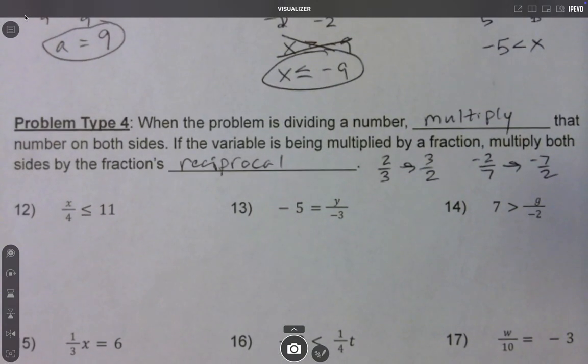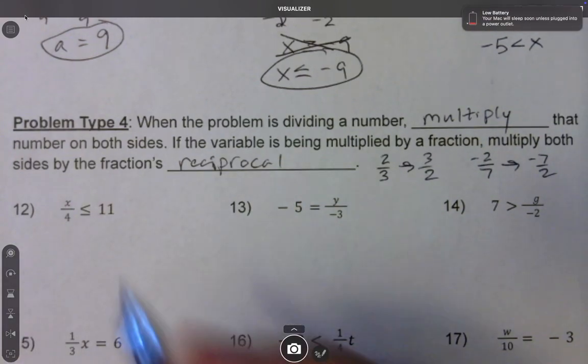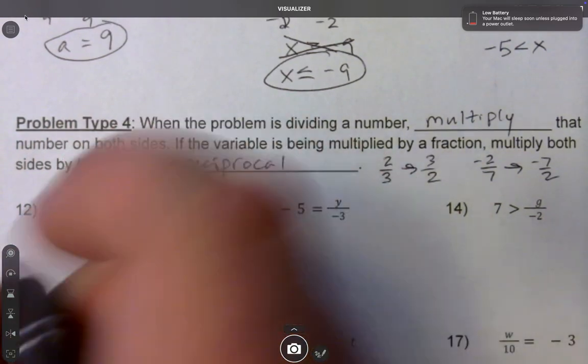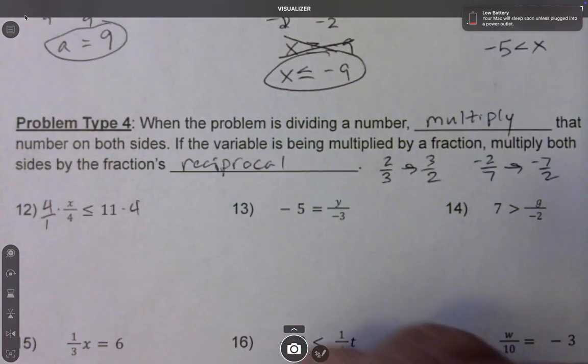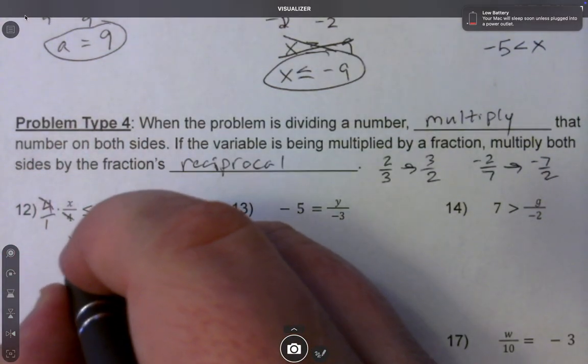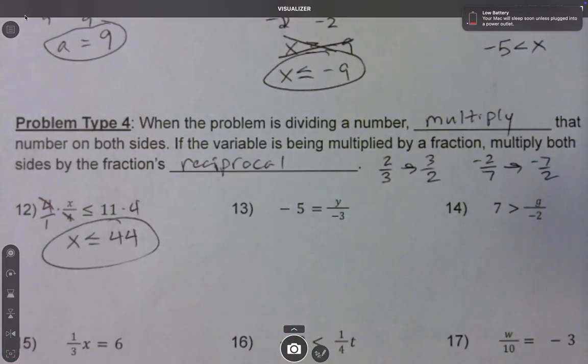Okay, so number 12. This is x divided by 4. So the opposite of dividing by 4 is multiplying by 4. Because remember, this is a 4 over 1. So that's why the 4's cancel out. So we get x is less than or equal to 44.